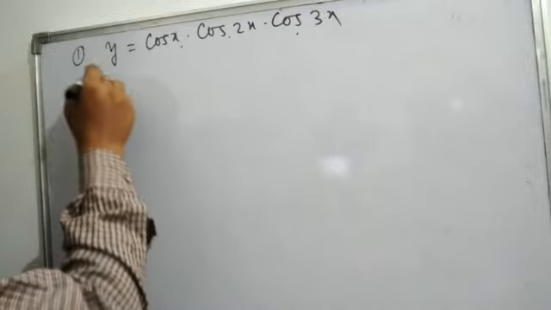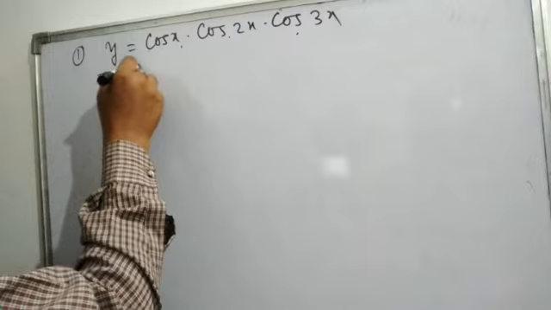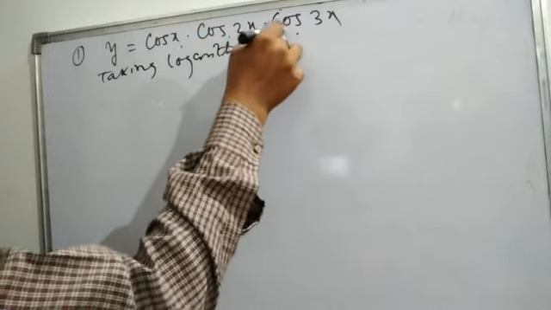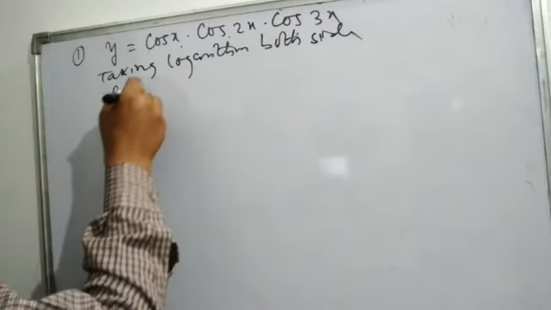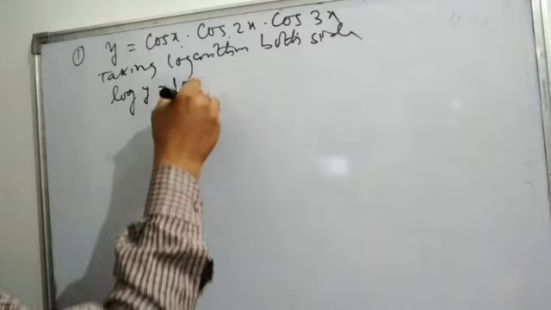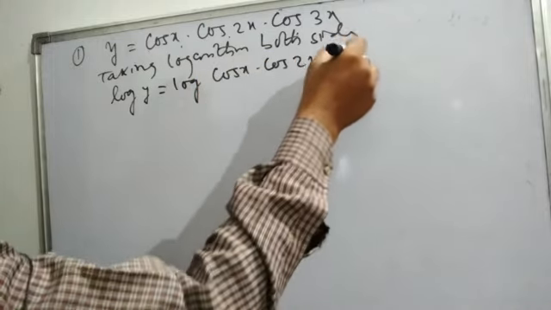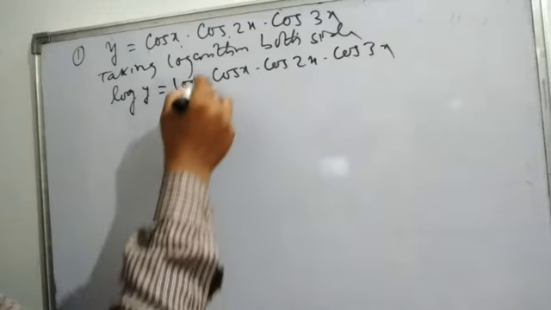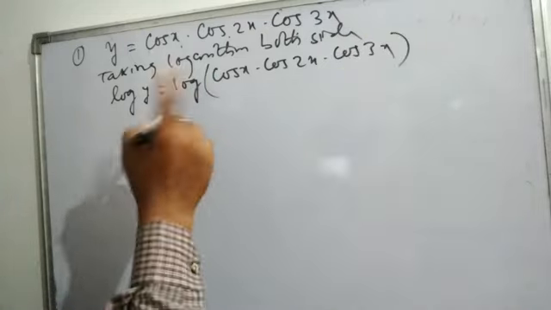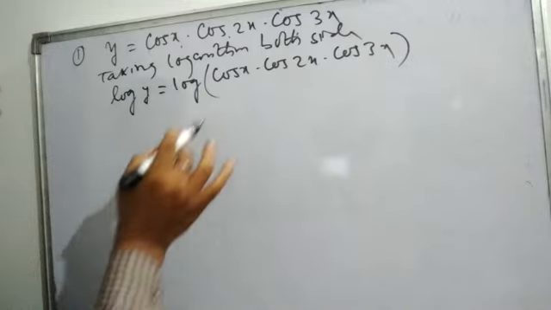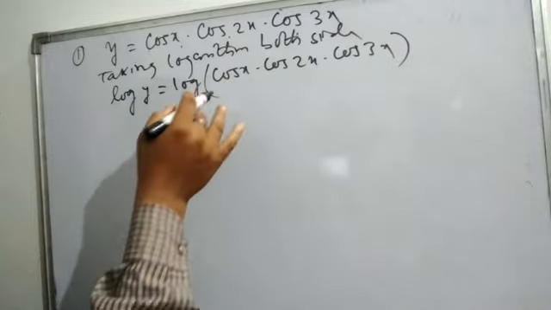So taking logarithm on both sides, log y is equal to log of cos x cos 2x into cos 3x. Now we can use the first logarithm formula, that is, log of m into n, then it will be individual terms separated by plus sign.